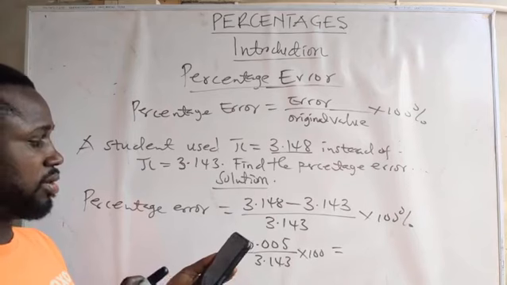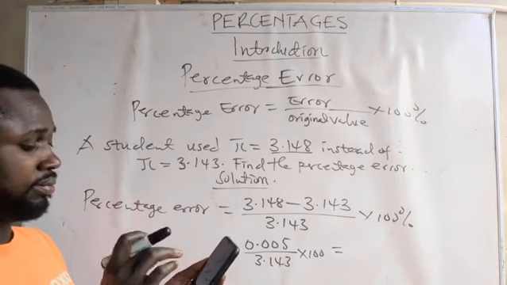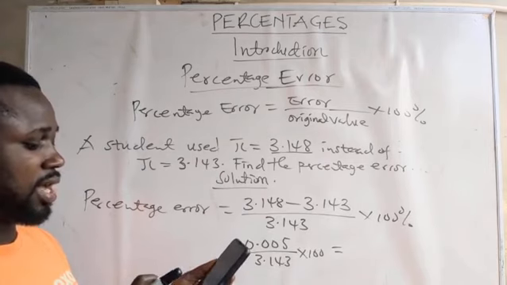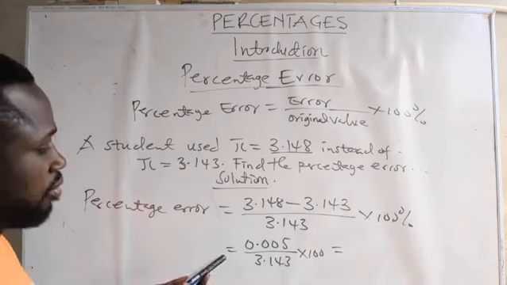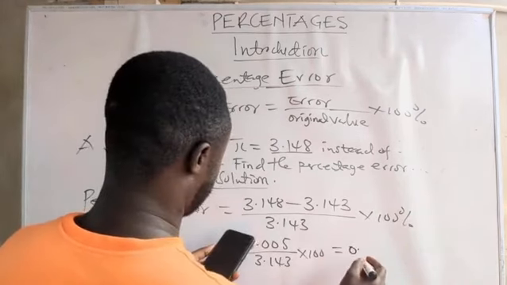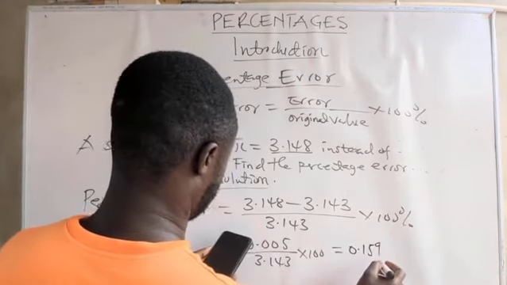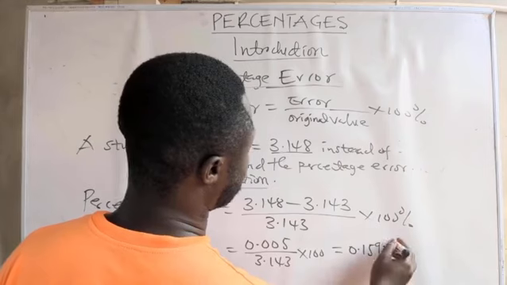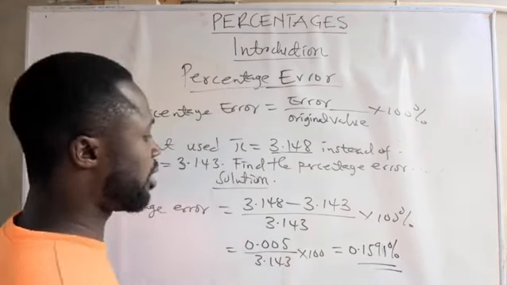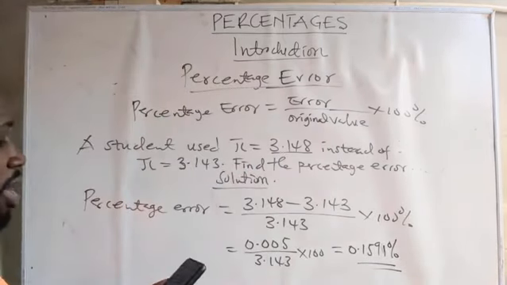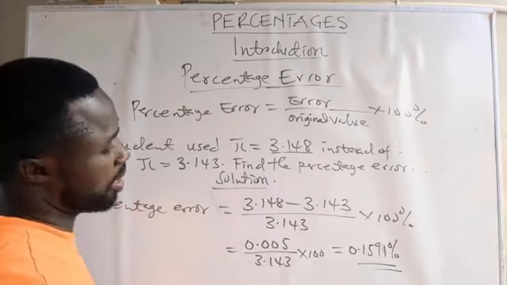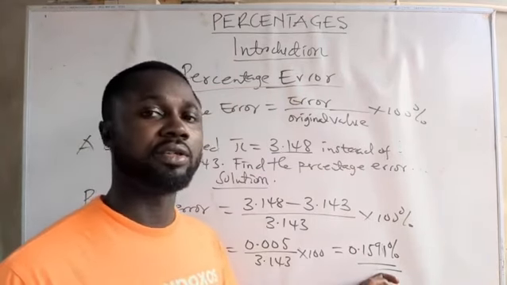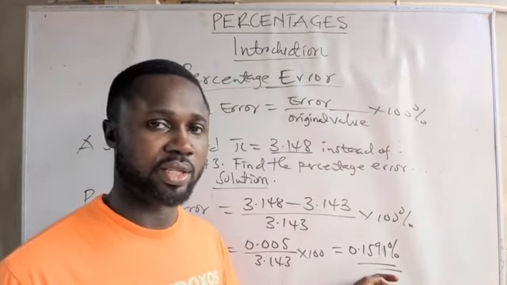So 0.005 over 3.143 times 100 will give us what? 0.1591%. So in terms of percentage, this is the error that was made.